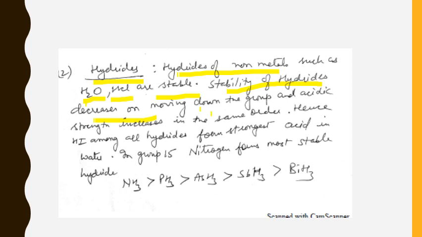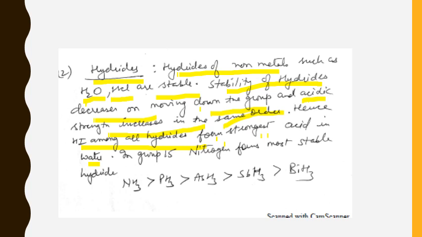When we talk about going down the group, the stability decreases, and the acidic strength increases in the same order. So hydrogen iodide, among all the hydrides, forms the strongest acid in water.